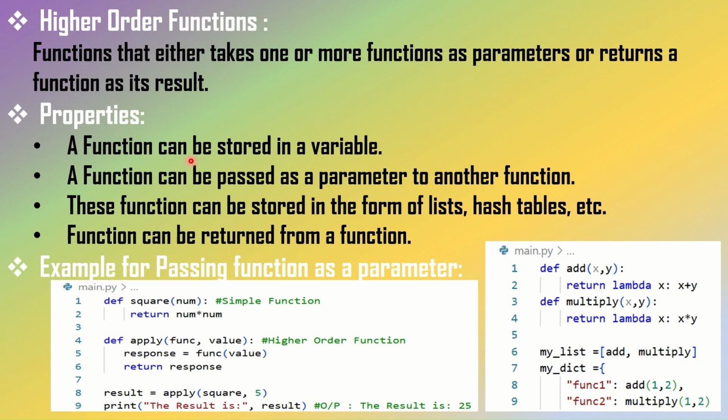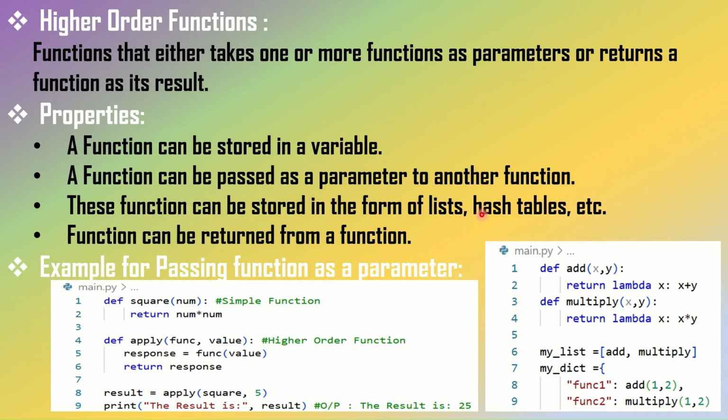First property is a function can be stored in a variable, like how we have stored lambda functions in a variable. Here also, we can store higher order functions in a variable. A function can be passed as a parameter to another function. So while defining a higher order function, we can pass a function as a parameter to another function.